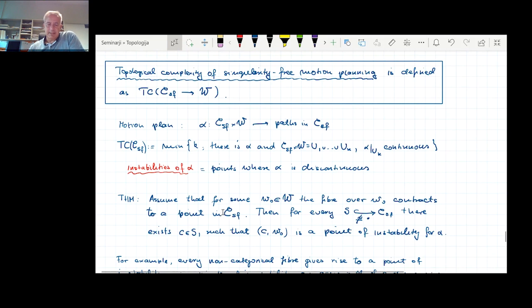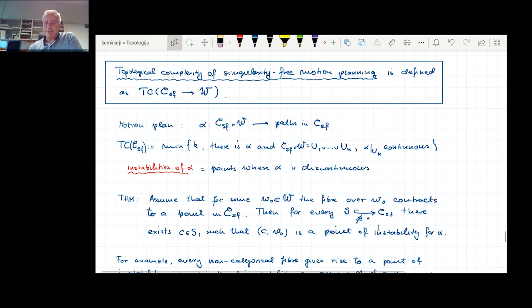If this is the case, so if you have at least one fiber which we usually call categorical within the configuration space, then whenever you find a subset of the configuration space which is not categorical, there must be a point in this subset such that the pair, so the task to move from C to W0, is a point of instability for alpha.